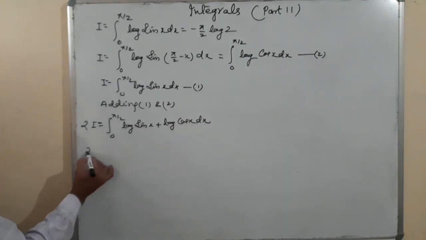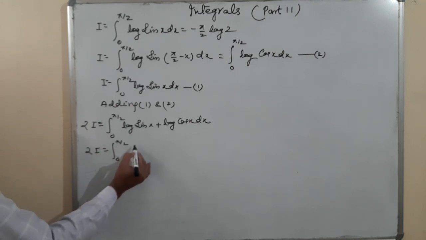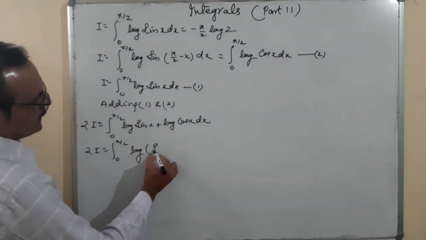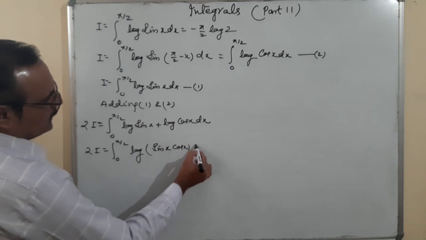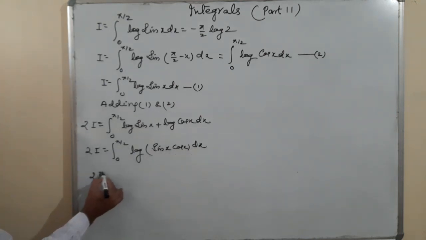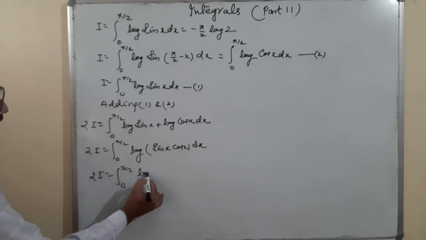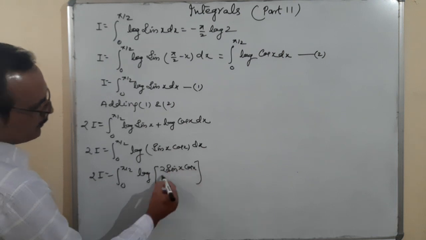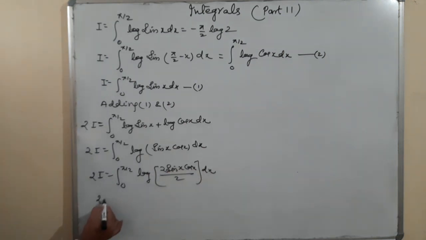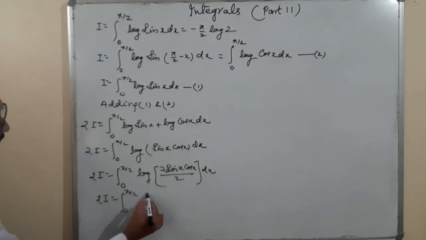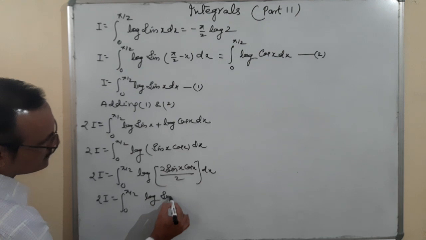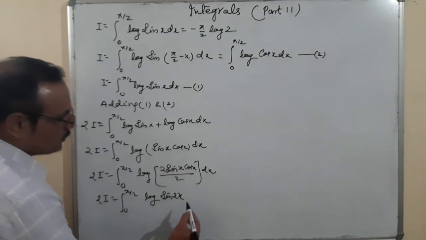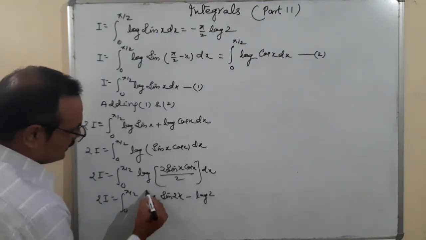Log m plus log n is log m into n, so log of sin x into cos x. We divide by 2 and multiply by 2, so 2I is equal to the integral of log of 2 sin x cos x upon 2 dx, which is sin 2x. Log m upon n is log m minus log n, so log sin 2x minus log 2 dx.